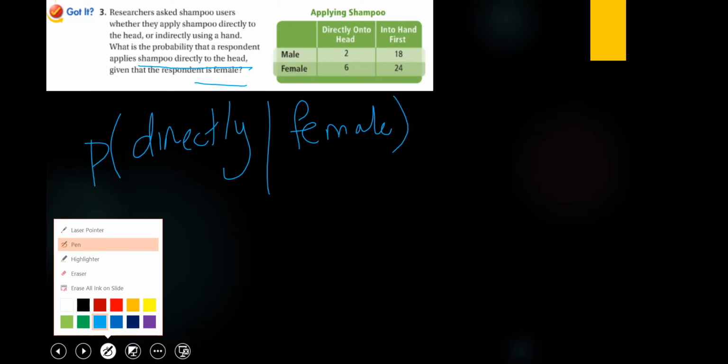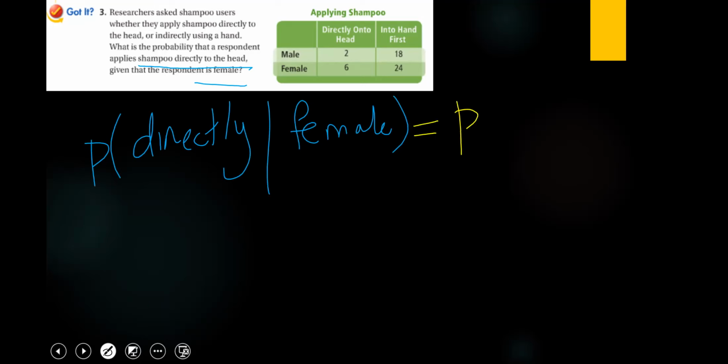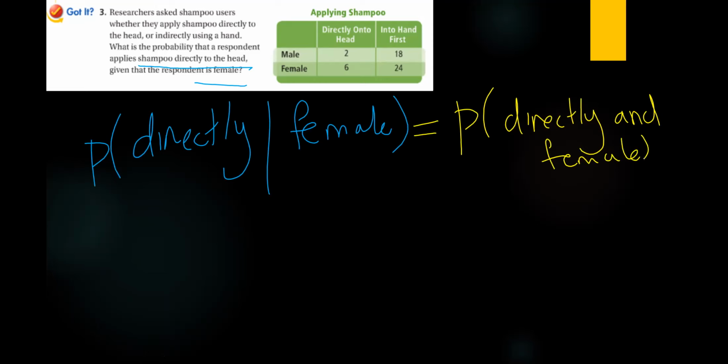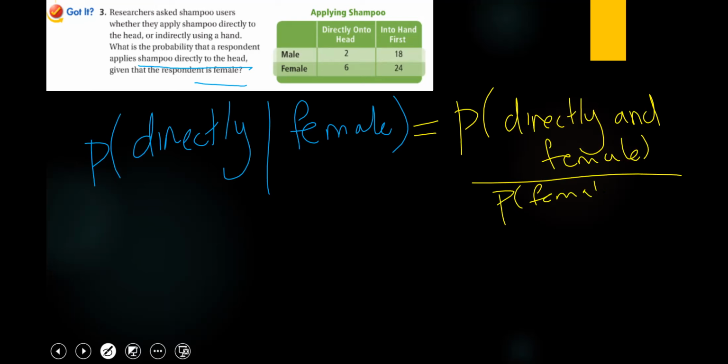So here, what is the probability applies shampoo directly, given that female? It is the probability of directly and female over probability of female.